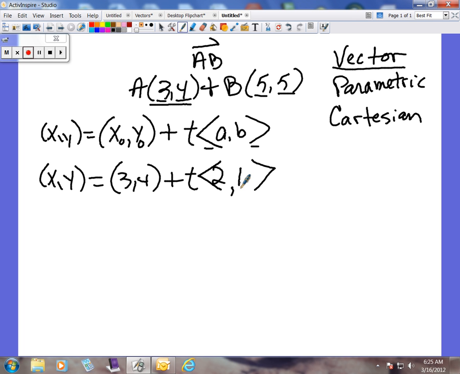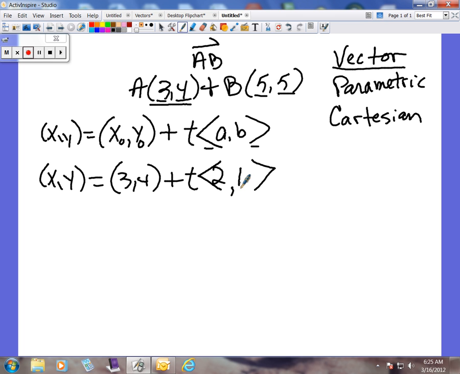Now remember, the 3, 4, I'm sorry, was it 4, 3? It may have been 4, 3. But the x is the run or the horizontal. The y is the vertical or the rise.